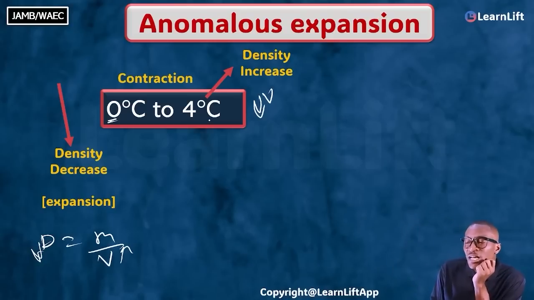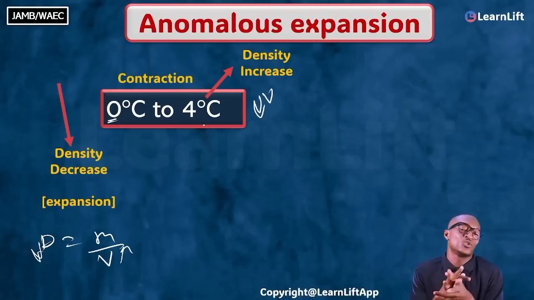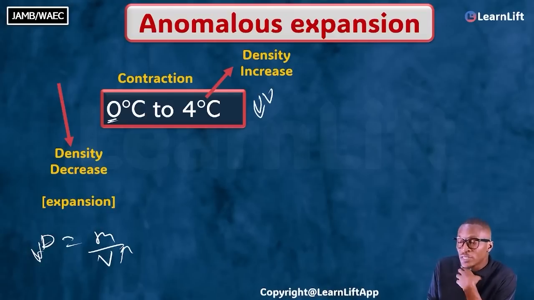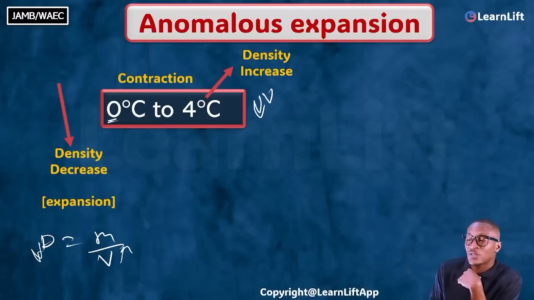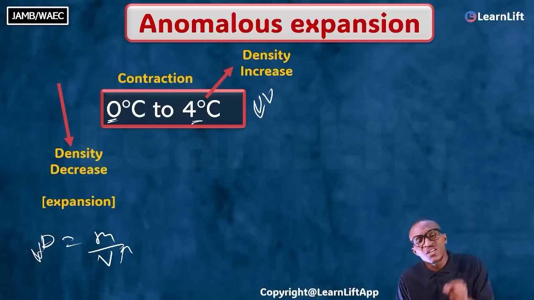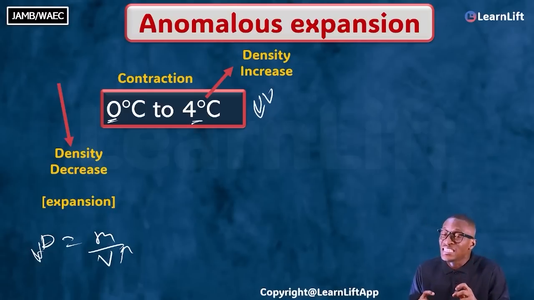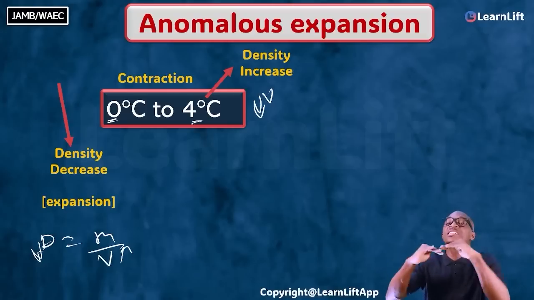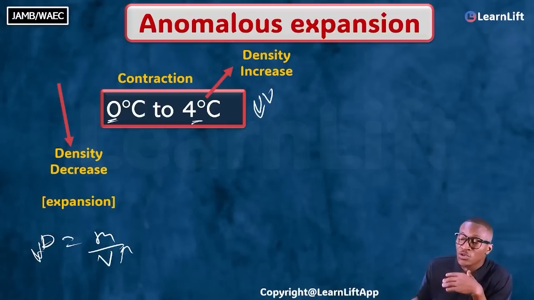Between 0 degrees to 4 degrees, contraction occurs, because from 0 to 4 degrees, that's when density stops decreasing and starts increasing. The highest point it gets is at 4. That's why we say that at 4 degrees, density is going to increase to its maximum, because it starts to increase from 0 and will stop at 4 degrees.